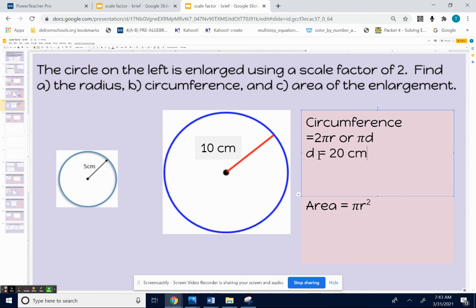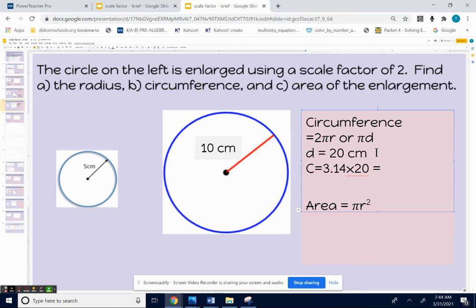If I'm going to use my second rule, that the circumference is pi times diameter, I need to know that the diameter is really 20. The diameter is all the way through the center of my circle. 10's only halfway through. So I'm going to use the diameter of 20, and then I'm going to take 3.14 times that diameter of 20.